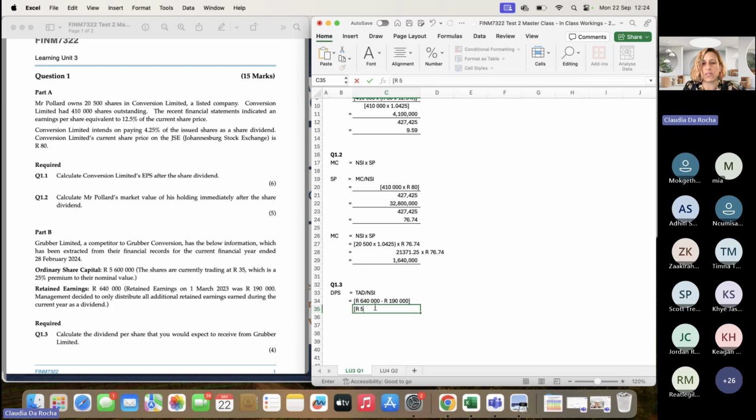So you're going to take the 5,600, divide it by our 35 Rand, times the 100 divided by 125, because we want to say it's 25% less, because premium means it is more.